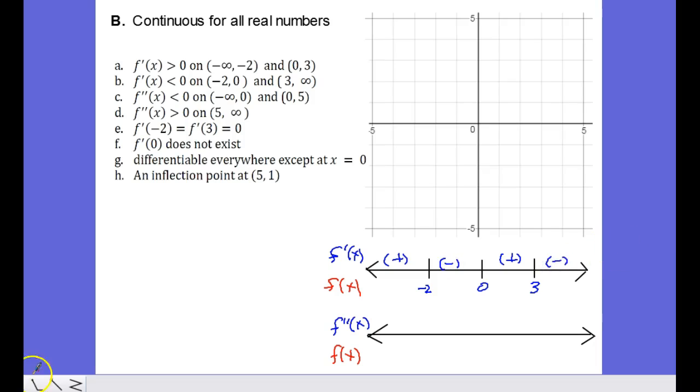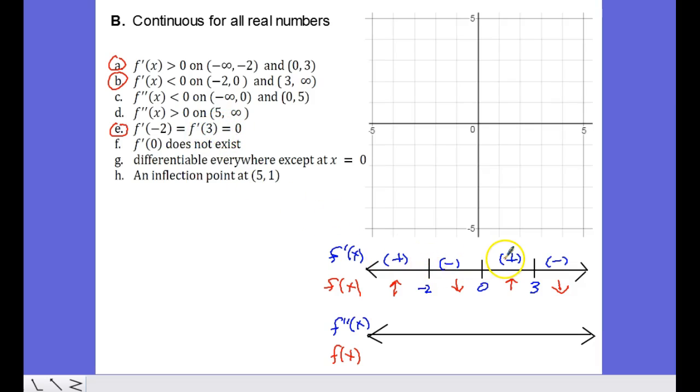So as far as my original function is concerned, it's increasing, decreasing, increasing, and decreasing. So that takes care of the first two. Now, they also give me some information about f prime down here in E. So let me see if I can make use of that. It says that f prime of negative 2 and f prime of 3 is equal to 0. That means the slope is 0 there.